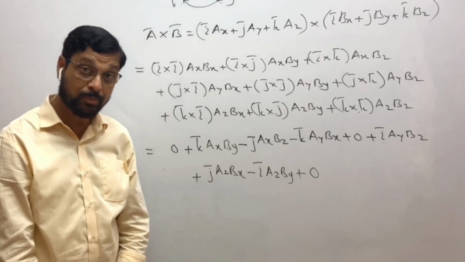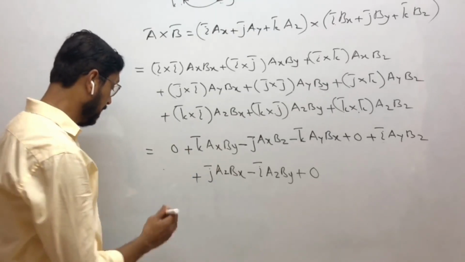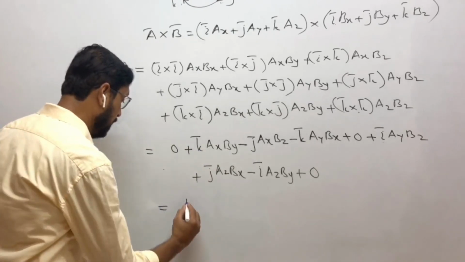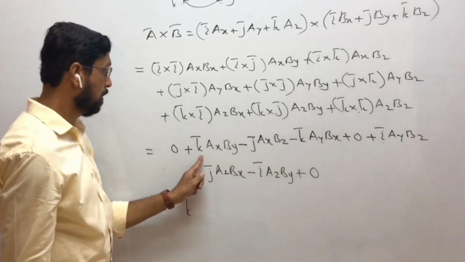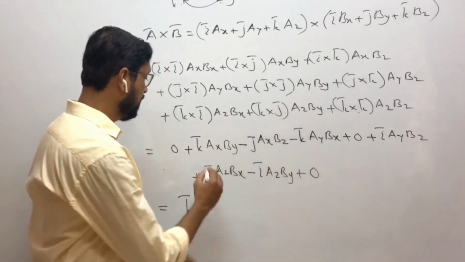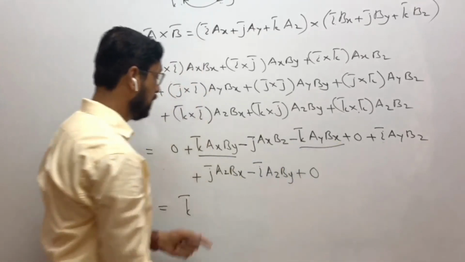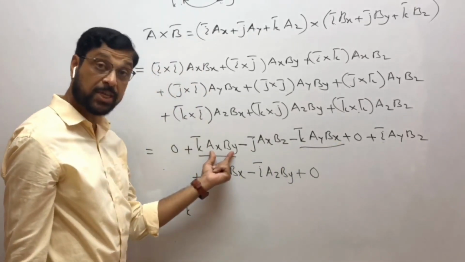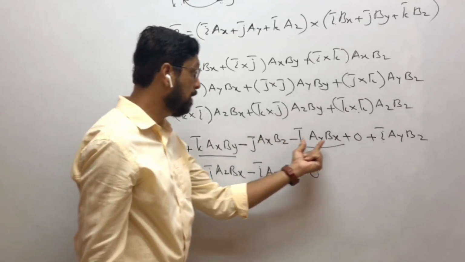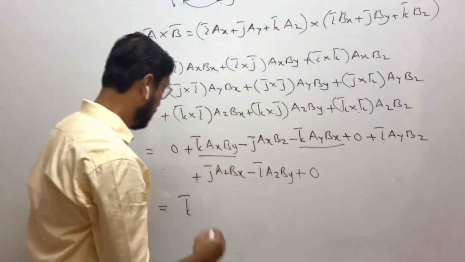Then what can you do? Take commons out. This is equal to K. Here there is K and here also there is K. So K is common. What is left inside?